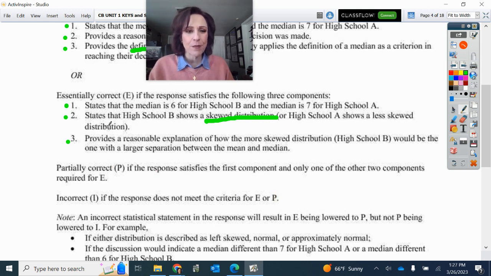So you were kind of hemming and hawing around, or didn't clearly state a statistical justification. That's how you would get partial credit. And if you didn't get 6 and 7 in the correct place, you got incomplete.